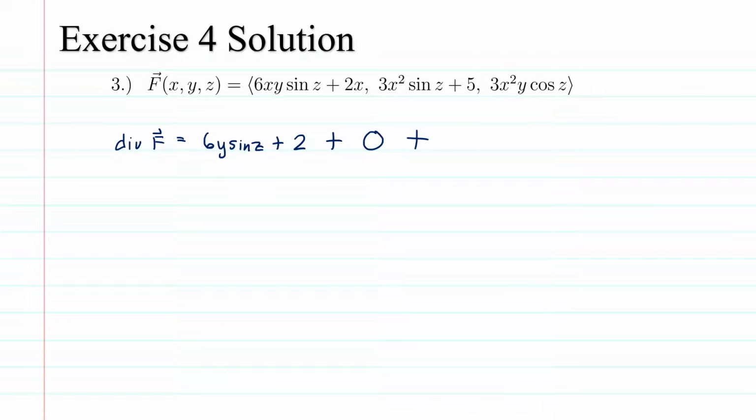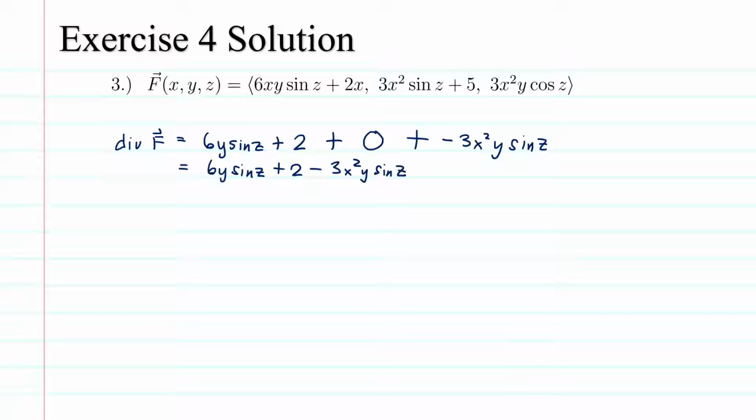Next, plus partial ng last with respect to z, which is negative 3x squared y sine z. Okay, simplify lang natin ng konti. This is 6y sine z plus 2 minus 3x squared y sine z.